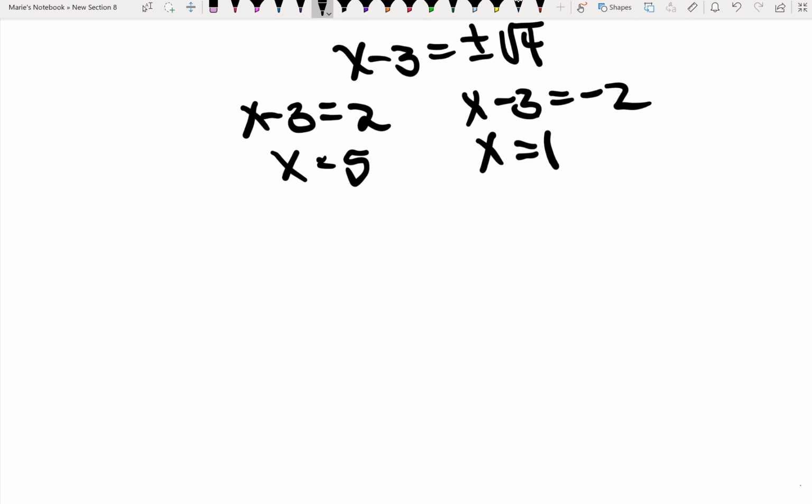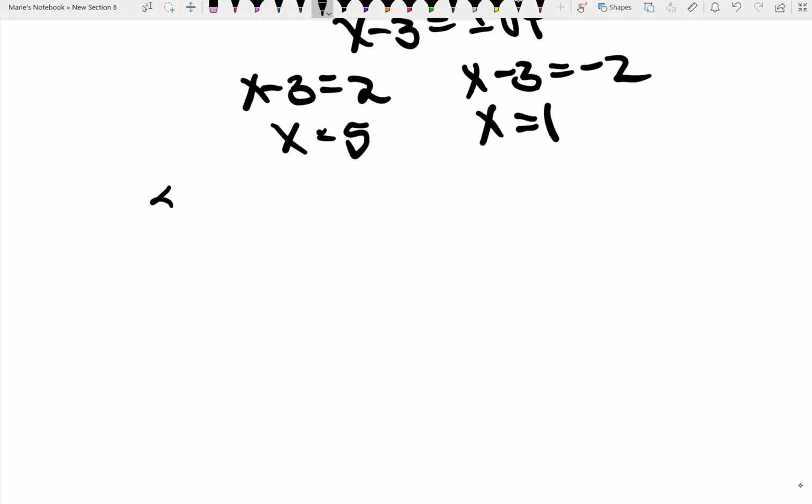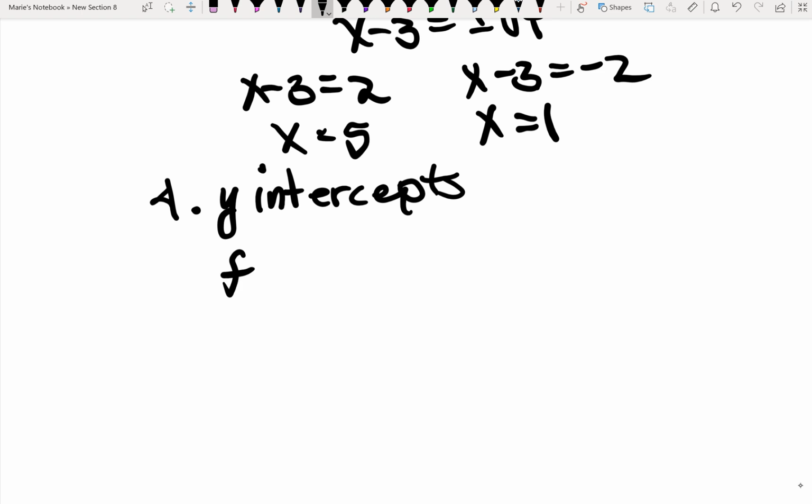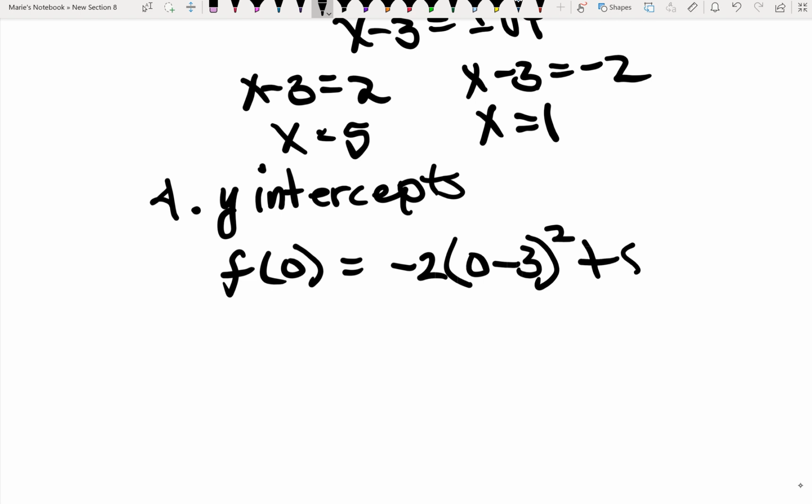All right, step 4 in our question. Now we're going to find the y-intercepts. So in this case, we're going to say f of 0 is equal to negative 2 parentheses 0 minus 3 squared plus 8.